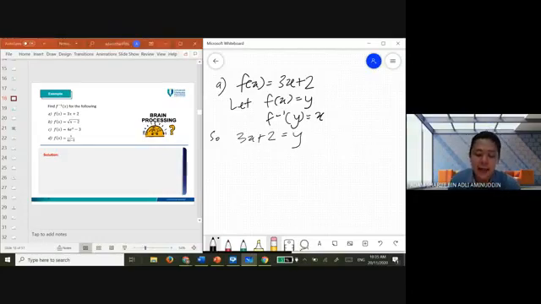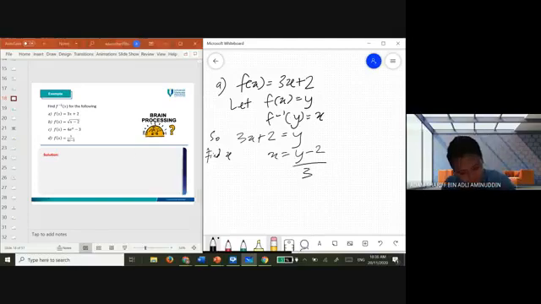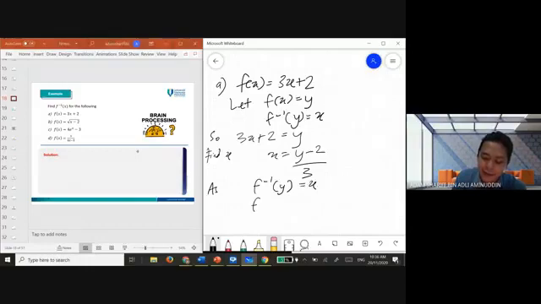You need to find x, and x will be (y minus 2) over 3. And as f inverse y equals x, then f inverse y equals (y minus 2) over 3.